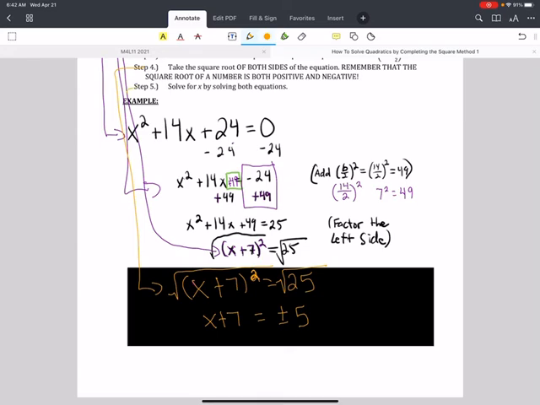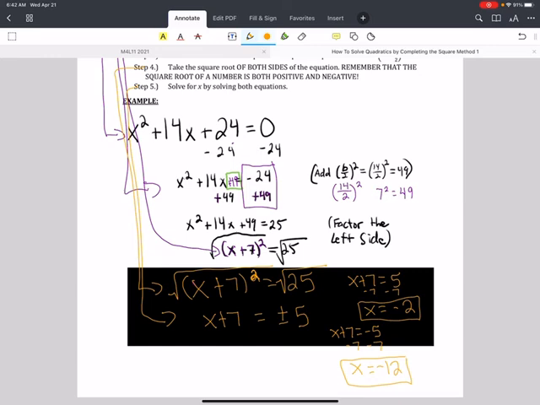And then the final step, step 5, says to solve for x by solving both equations. If I had the positive 5, x plus 7 equals 5, subtract 7 from both sides, and I would find that x equals negative 2. That's one of my answers. If I went with x plus 7 equals negative 5, when I subtract 7 from both sides, I get x equals negative 12.